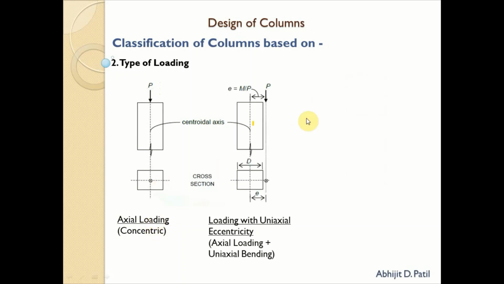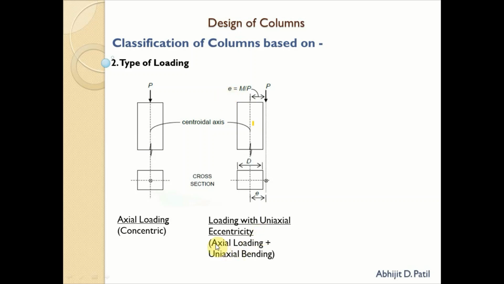Second, it is not acting exactly at the centroid, but with some eccentricity about one axis only. So this one vertical axis, it is acting eccentric about that axis. How can you design that? You can just calculate the moment acting on it. P into e will be the moment.